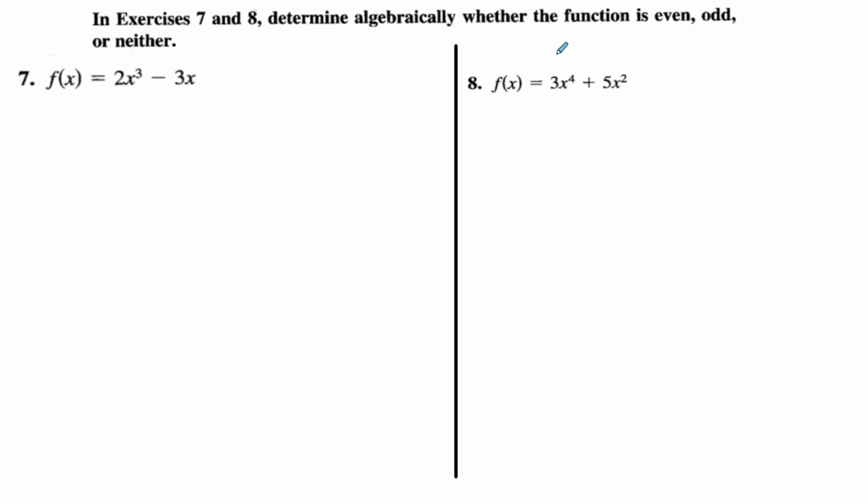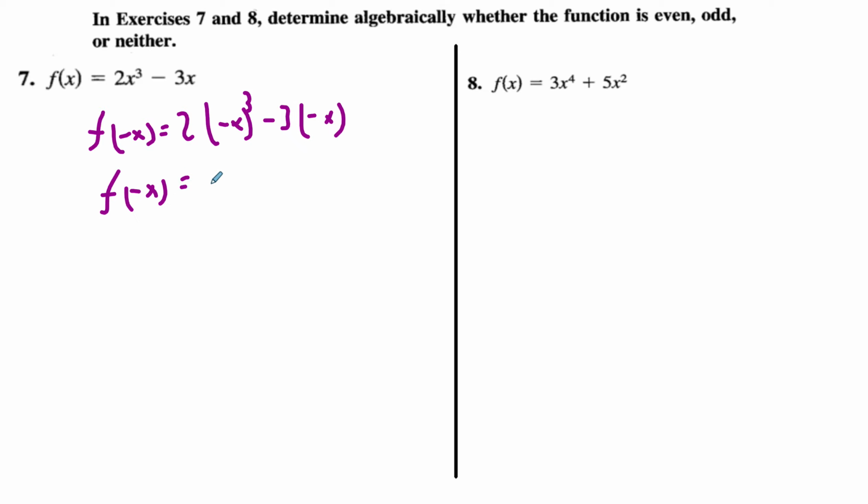Okay, algebraically, determine whether it's even, odd, or neither. So we need to figure out f of negative x. That means 2 times negative x cubed minus 3 times negative x. So f of negative x, which is negative because of cubing it, is the same as, right, minus a negative, plus.